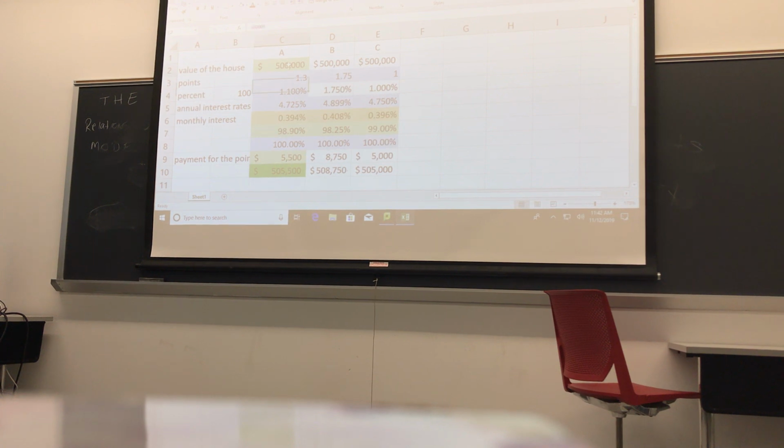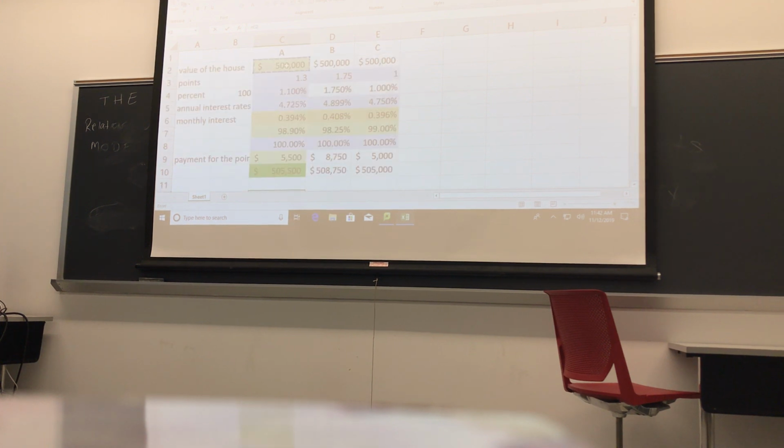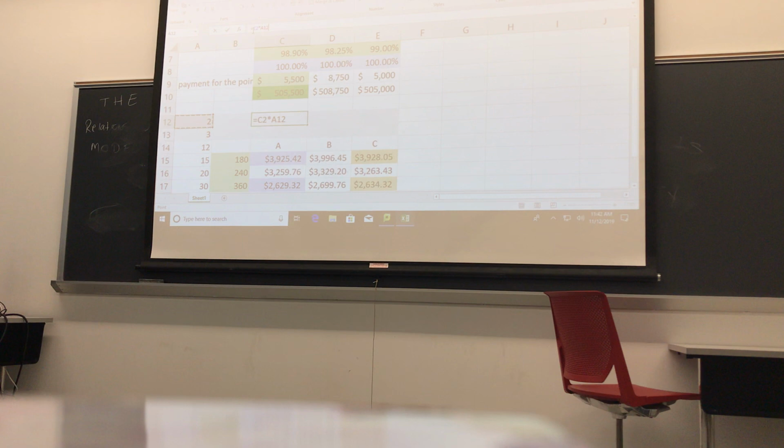The value of the house in 15 years may change and can go up 2 times.